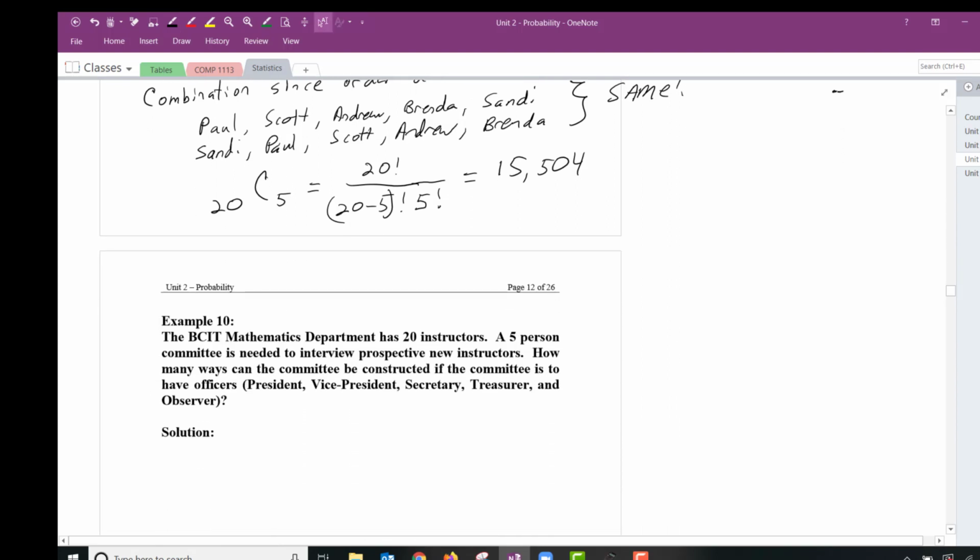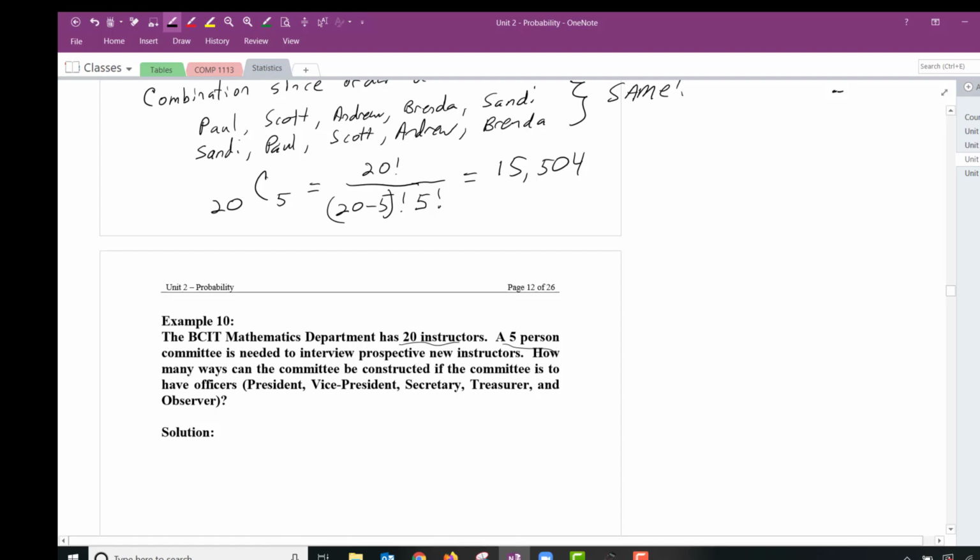We change the question slightly. Now we still have 20 instructors in the math department, and we're still choosing 5 people. But now when we pick them, they're going to have offices. One person is the president, another the vice president, another the secretary, treasurer, and independent observer.